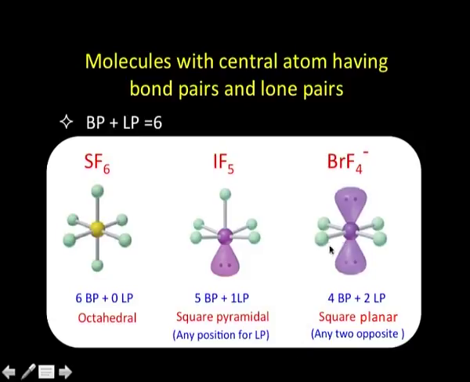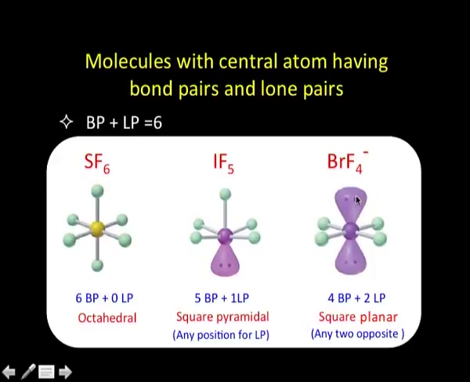If you move further, we have XeF4. Now I think you can explain on your own also. In this case, since there are 4 bond pairs and 2 lone pairs, the electron pair geometry to begin with is octahedral because there are totally 6. But because of the second postulate becoming operative, we find that this molecule has a square planar orientation, because when there are 2 lone pairs, the octahedral is a regular shape.